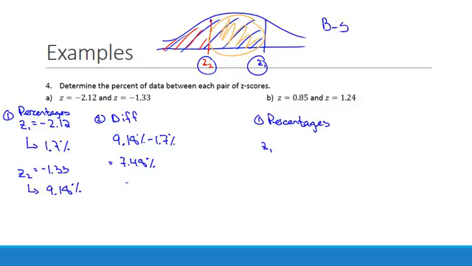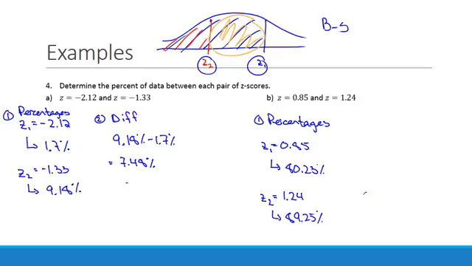Okay, so for the first z-score, 0.85, the percentage for that works out to be 80.23%. The z-score of 1.24, the percentage for that one works out to be, it's larger, right? So it's going to be higher, 89.25%.